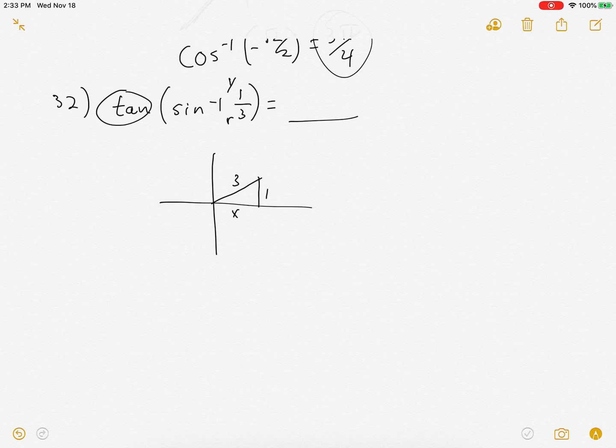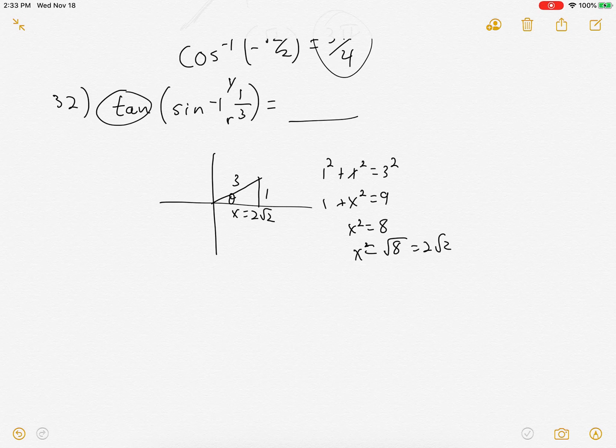So we need to find x if we're going to find the tangent. So here's my angle. So this is actually our triangle. So 1 squared plus x squared equals 3 squared. So that's going to be, what, 8? So x equals radical 8 or 2 radical 2.